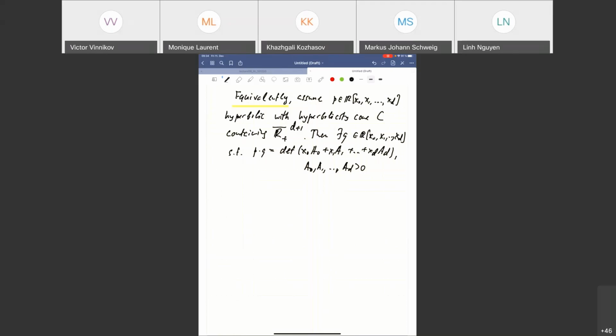So the proof is based on a connection between, not looking actually for certificates for hyperbolicity, but looking for certificates for stability, for complex stable polynomials. So certificates for stability.